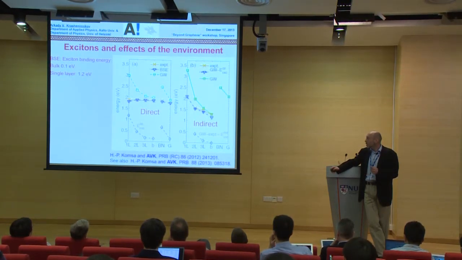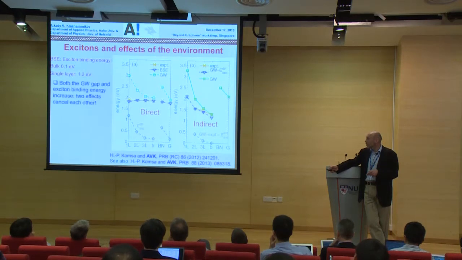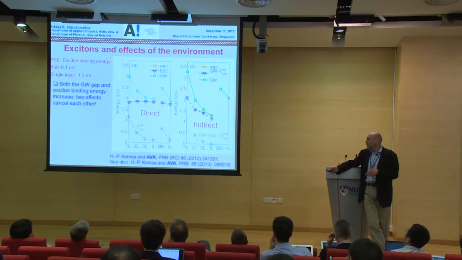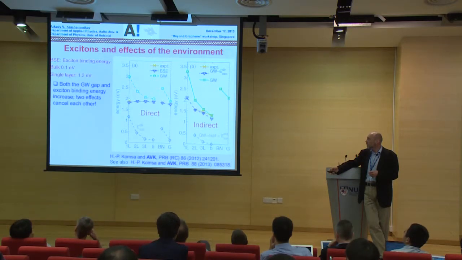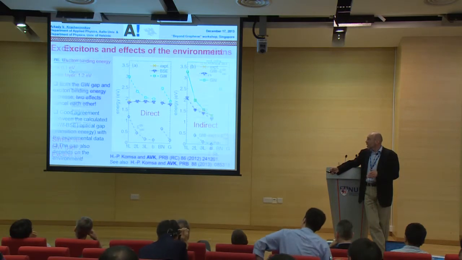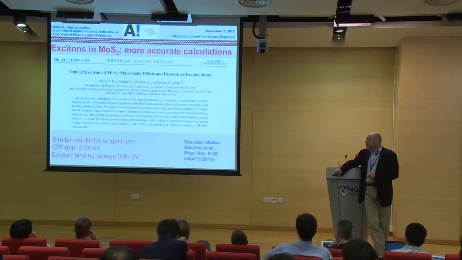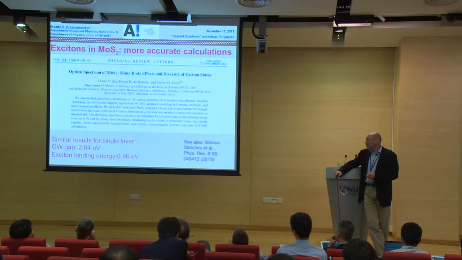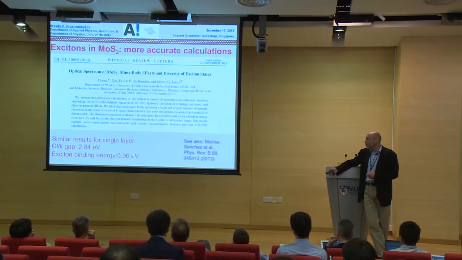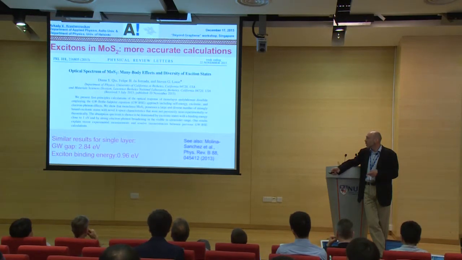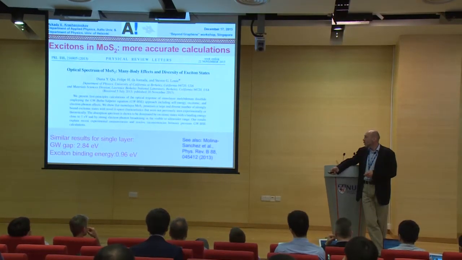So again, excitonic effects are quite important, as we know, and the increase in the value of the fundamental gap and the excitonic binding energy perfectly compensate each other. And this is a recent Stephen Lewis paper. They reported pretty much the same values. Once more, the fundamental gap is considerably larger than the optical gap. Excitonic binding energy also grows from 0.1 eV in bulk molybdenum disulphide to nearly 1 eV.